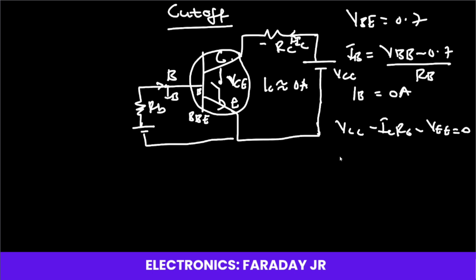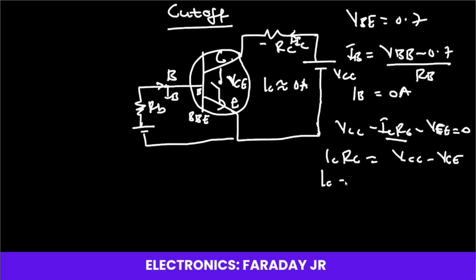So let's make IC the subject of this equation, sending the other terms to the other side. We have ICRC equal to VCC minus VCE.